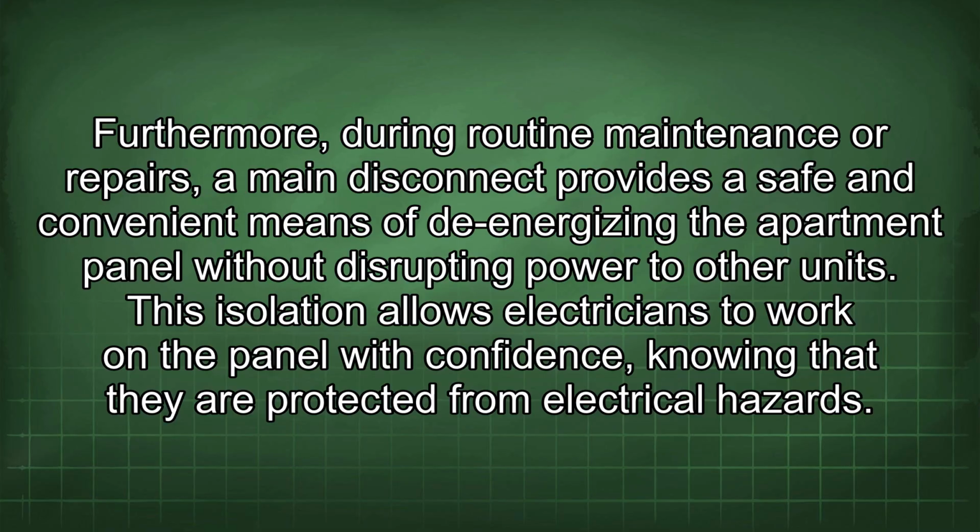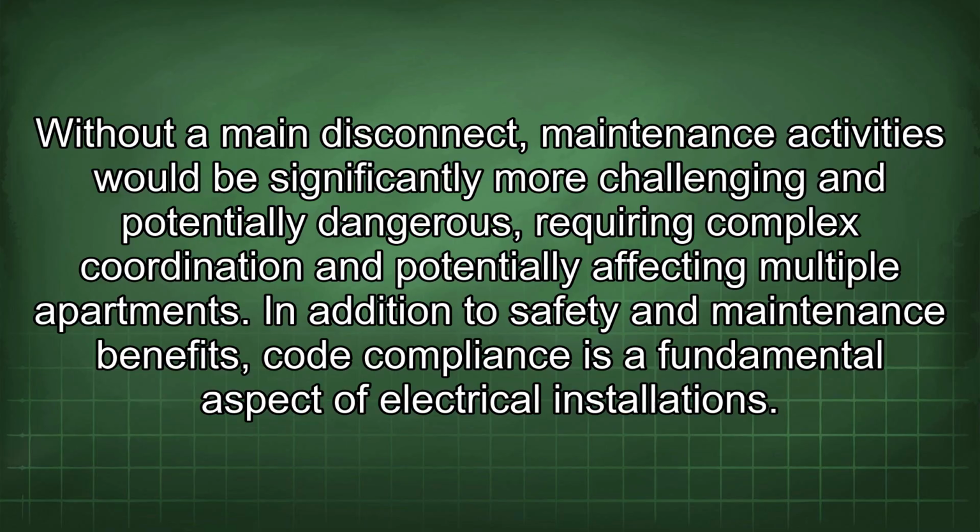This isolation allows electricians to work on the panel with confidence, knowing that they are protected from electrical hazards. Without a main disconnect, maintenance activities would be significantly more challenging and potentially dangerous, requiring complex coordination and potentially affecting multiple apartments.